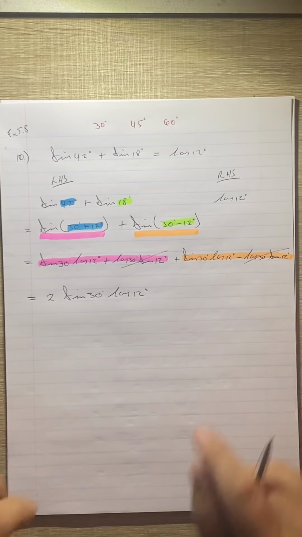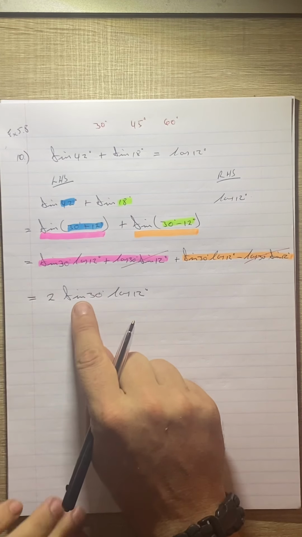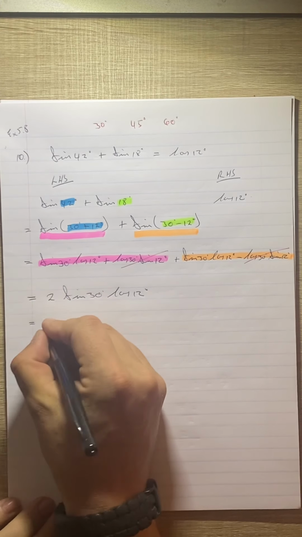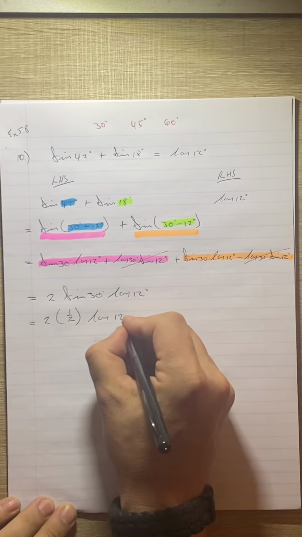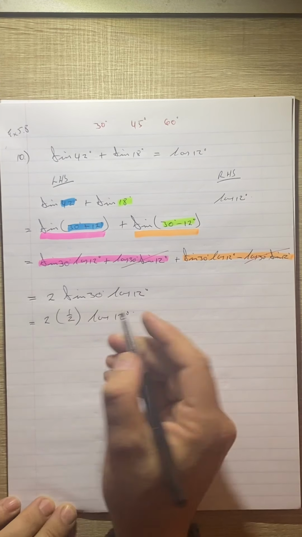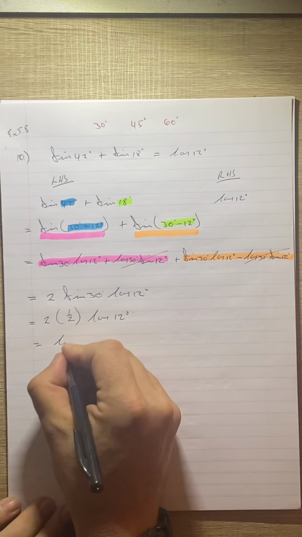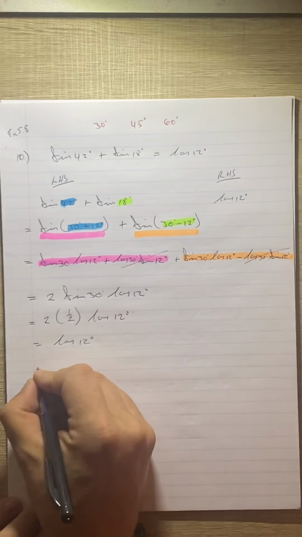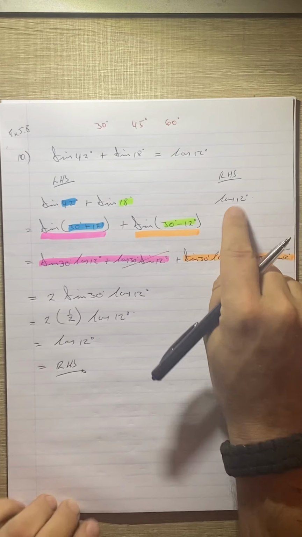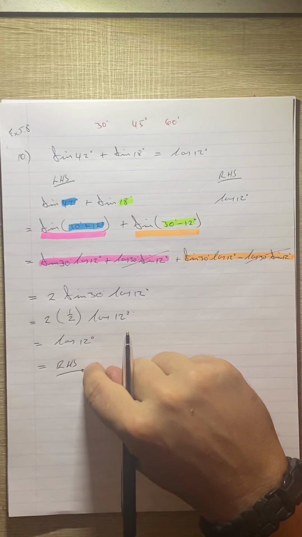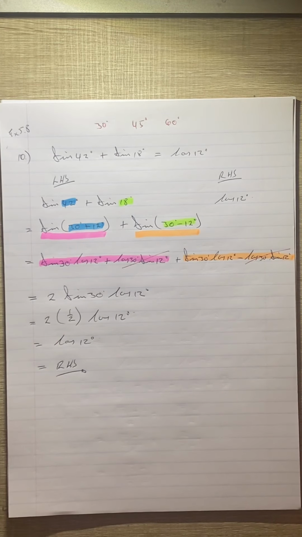Then special angle, sine 30 is a half, so we get 2 times a half cos 12. 2 times that is just 1, so we get cos 12, which is equal to our right-hand side. Again, grade 12s, please show your conclusion, either left-hand side or right-hand side.